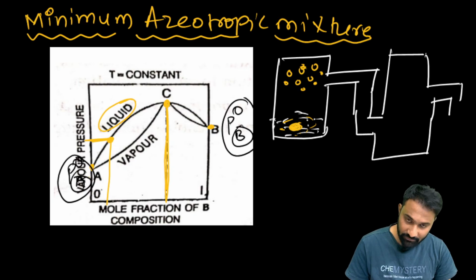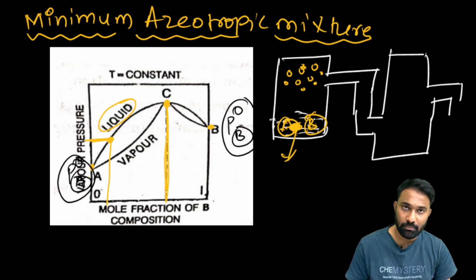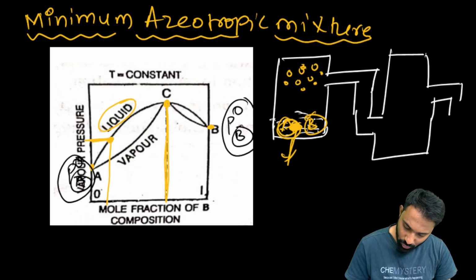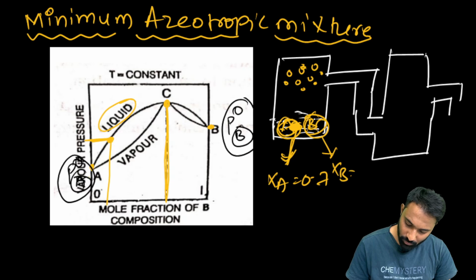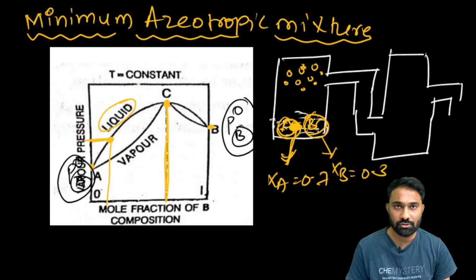This is the liquid composition curve. In this liquid composition curve, let's suppose we are taking A and B. Mole fraction of A is, let's suppose, 0.7. Then mole fraction of B is how much? 0.3.